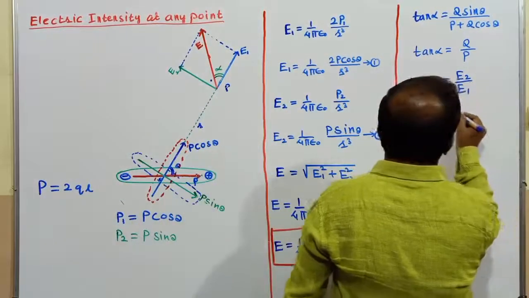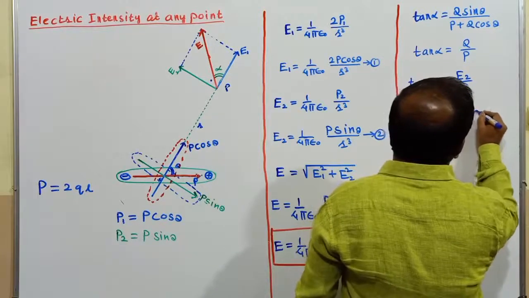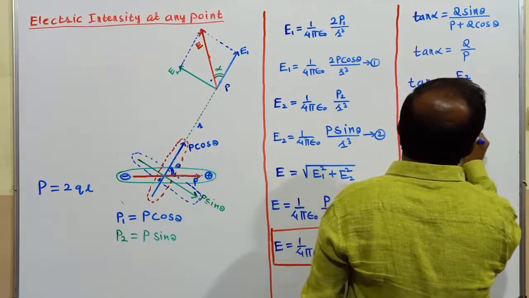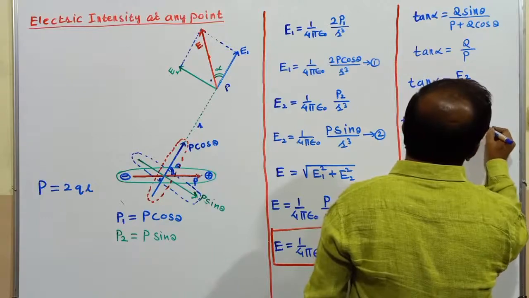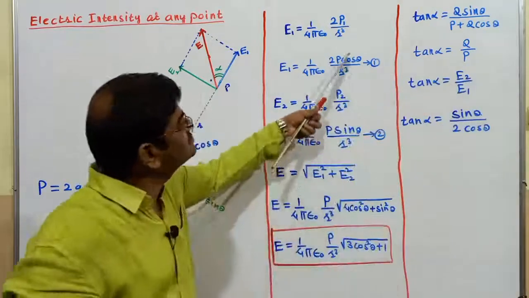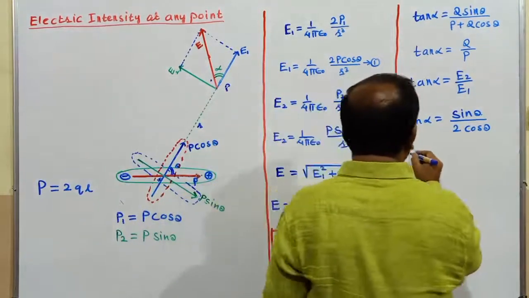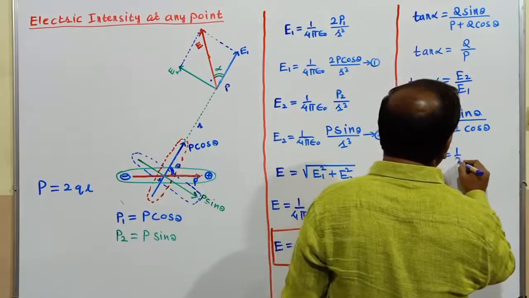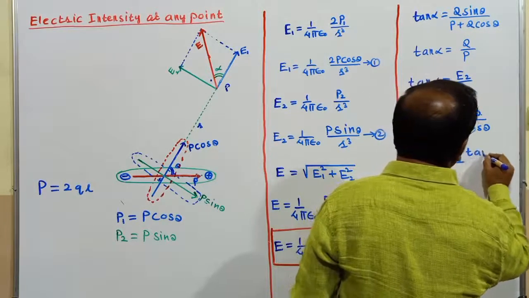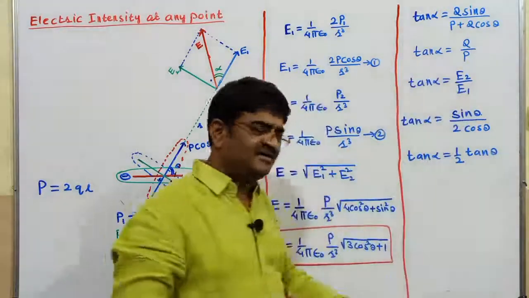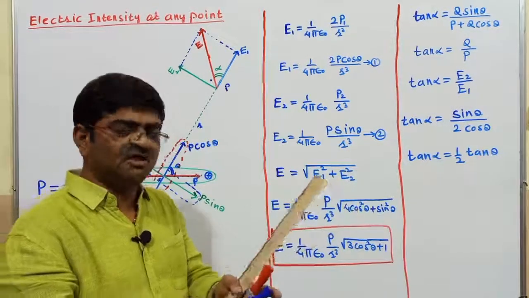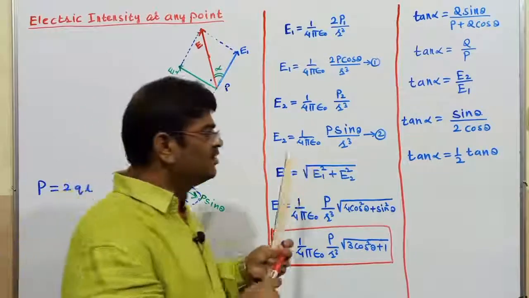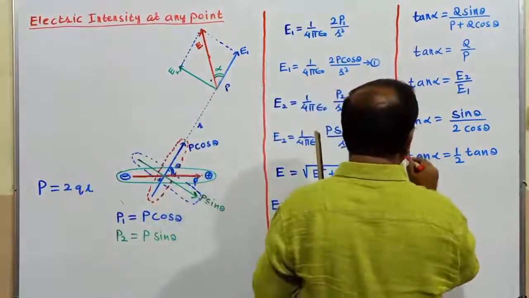You know, sin theta divided by 2 cos theta. That can be further written. Tan alpha equals to 1 by 2 tan theta. And I would refer to this as the equation whenever I am in need of angle made by resultant.